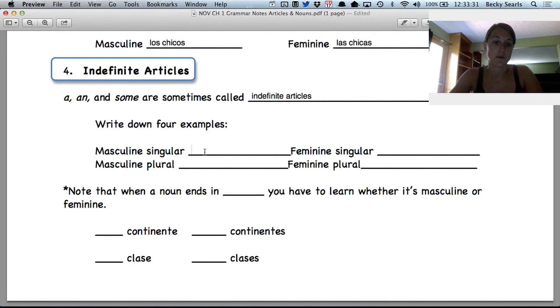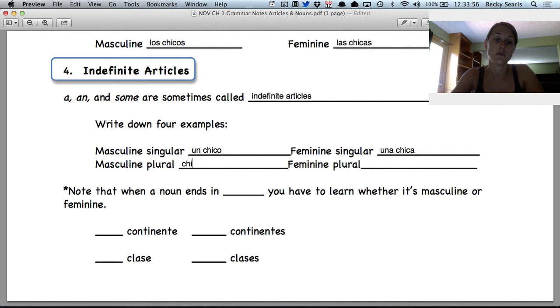So for example, let's say I need a boy, chico, again, ends in O, but now I'm not sure who, so instead of el, I'm going to use un, chico, a boy. Or I need a girl, un is going to become una to match chica. So notice everything agrees, chica, feminine, una, feminine.